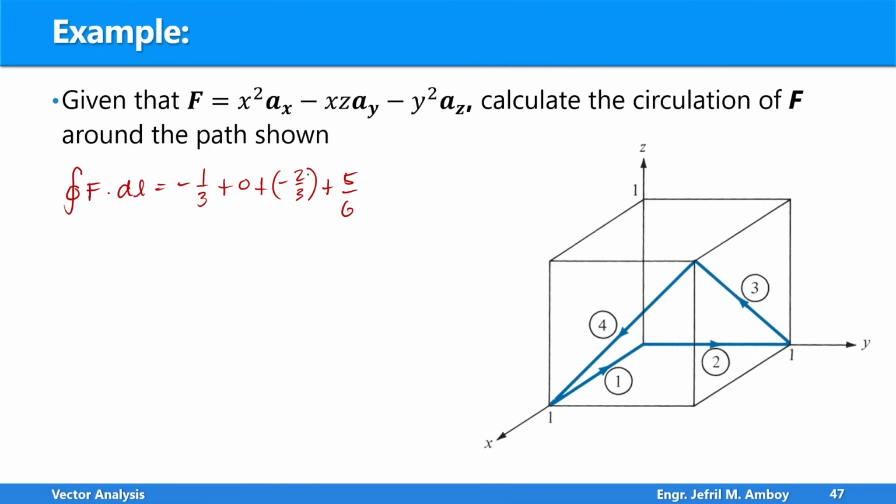So if we add all of this together, negative 1 third minus 2 thirds plus 5 over 6, this will give us negative 1 over 6. So that's it. We're able to get the line integral of this vector F around this closed path.